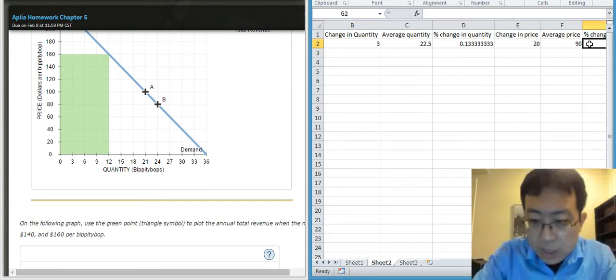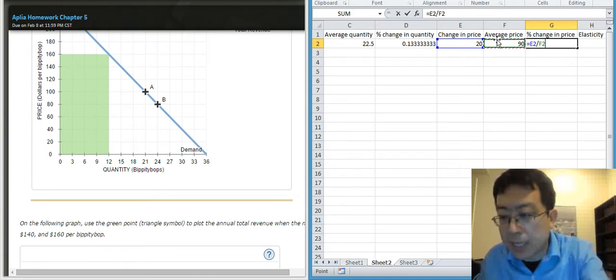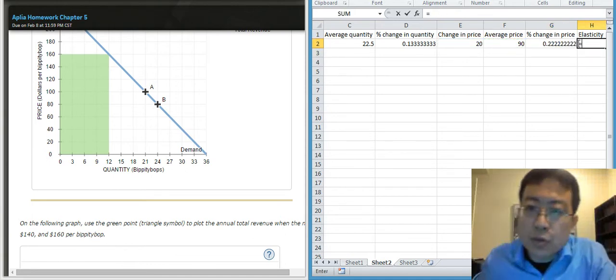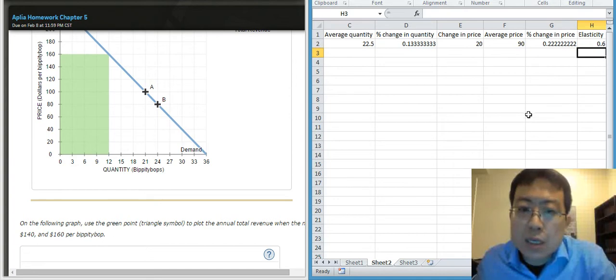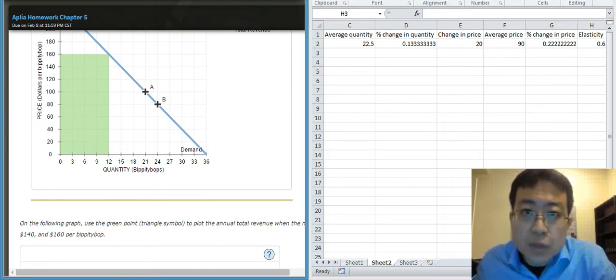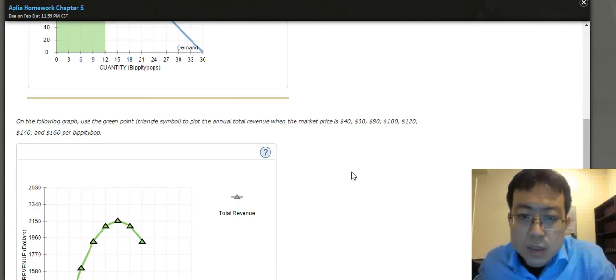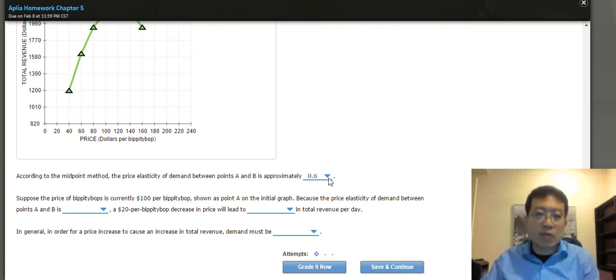The percentage change is 20 divided by 90, which is 0.2222. So the elasticity equals the percentage change in quantity divided by the percentage change in price. So the answer should be 0.6. Let's go back over here to Aplia. 0.6, and that's our answer.